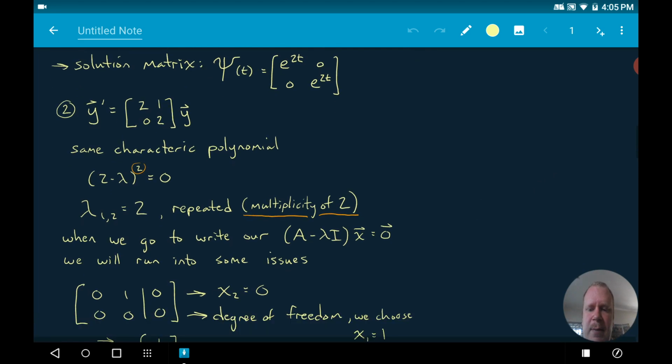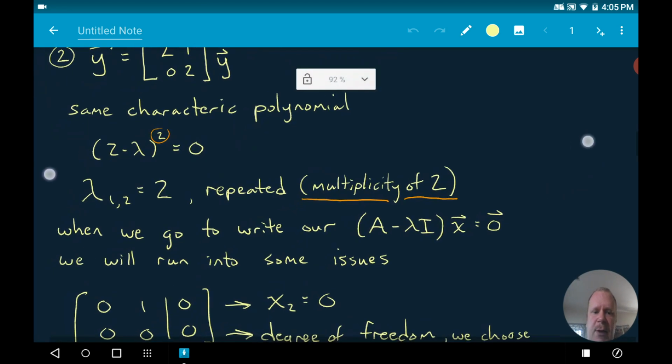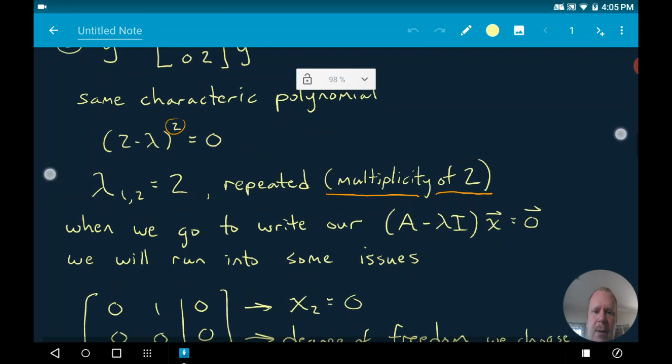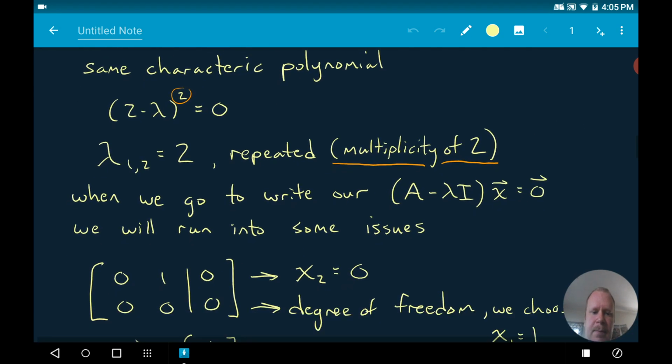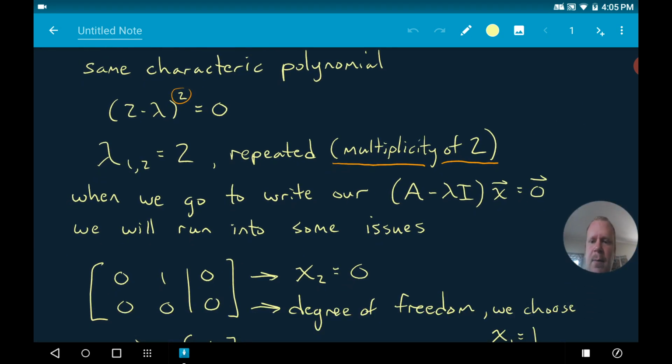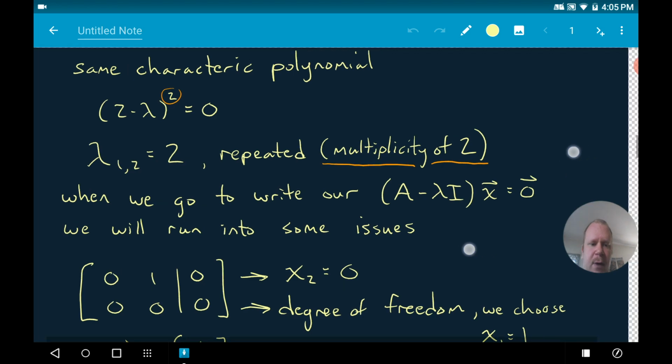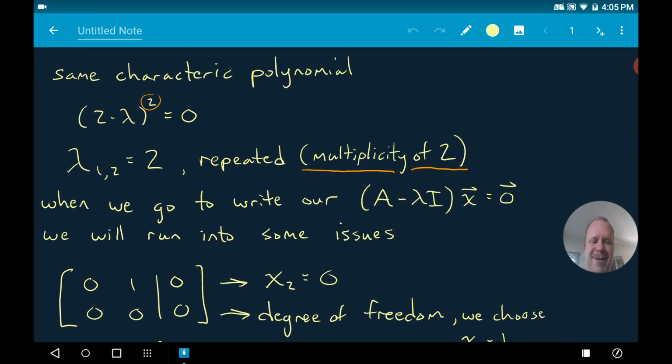So if I write out A minus lambda I times x, I guess I can zoom in here, sorry about that. Right, so if I write this equation A minus lambda I, then this is the matrix that I get.